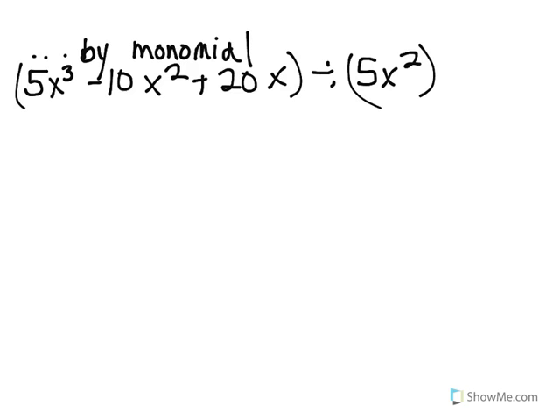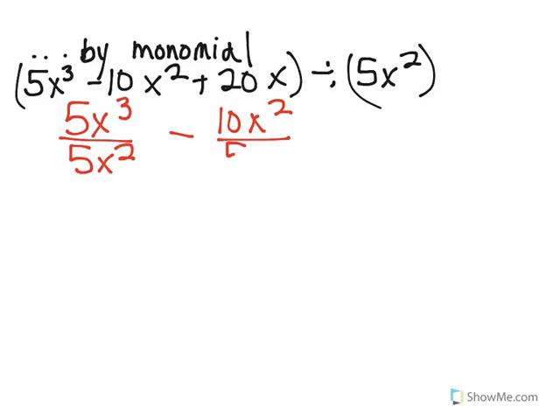3 different rational expressions. Because I can rewrite this division problem as 5x cubed over 5x squared minus 10x squared over 5x squared plus 20x over 5x squared.